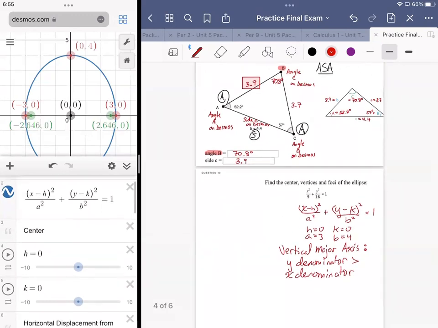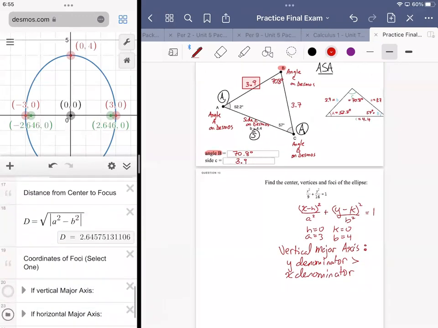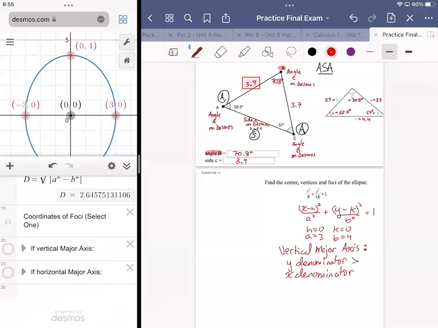So I would go down to the bottom of the applet here and turn off horizontal major, turn on vertical major, and every point that you see here is a relevant point.